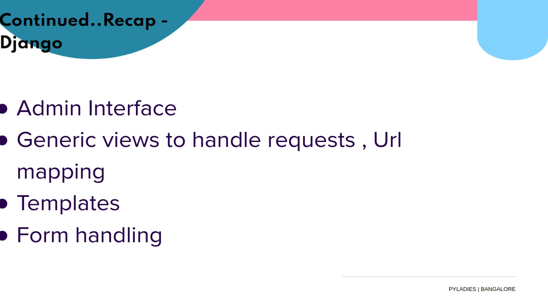Then coming to the templates, Django templates are really very elegant and easy to use for rendering data. And form handling uses the model classes in Python, which is used to map with the input tag of the HTML, that is the hypertext markup language.